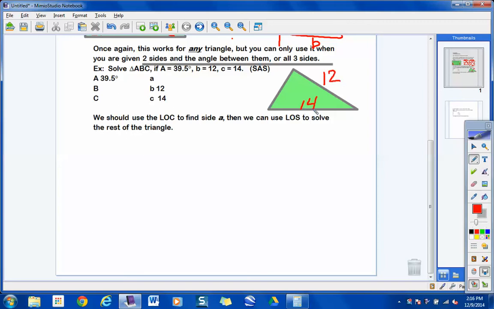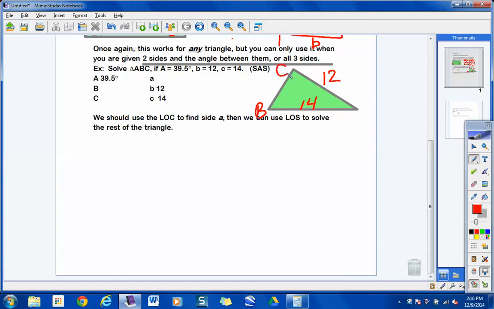Okay? So my angle A, let's see, if this is side B right here, isn't this angle B down here? If B is 12, wouldn't angle B down here be opposite? If this length is 14 right here, doesn't that make this angle up here angle C, right?